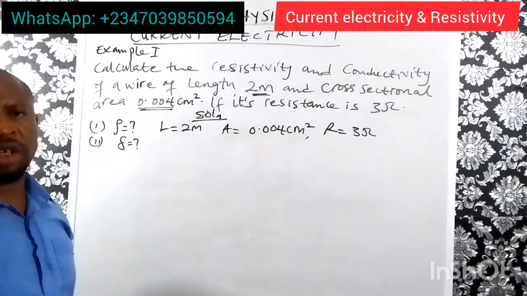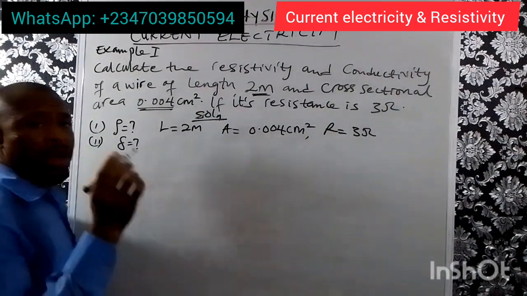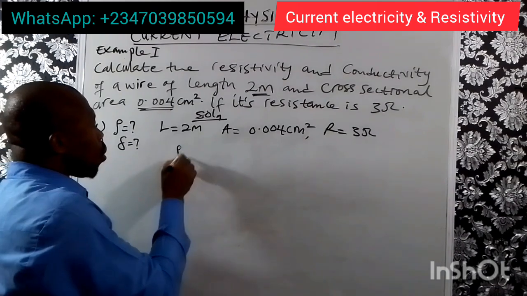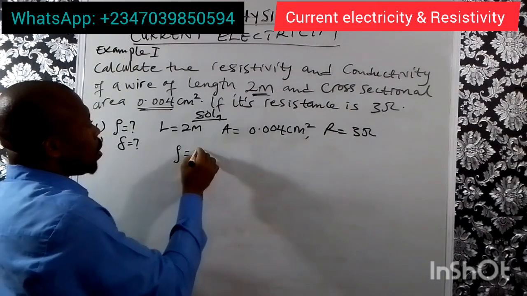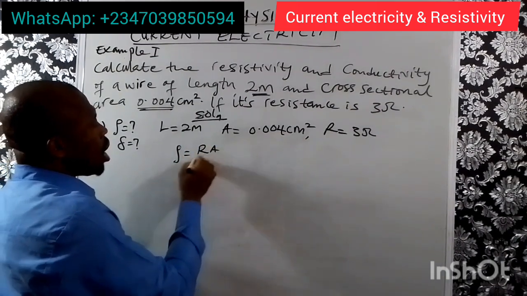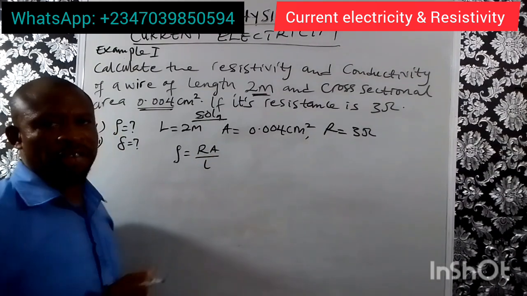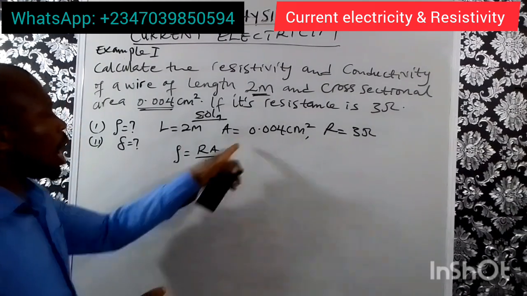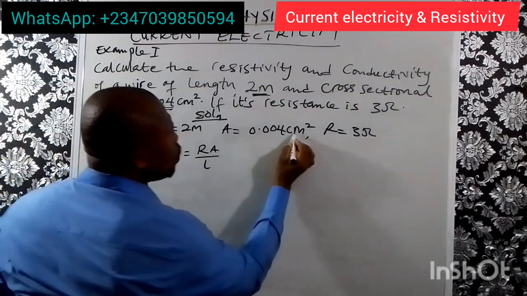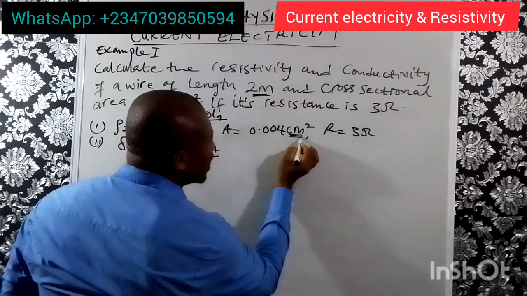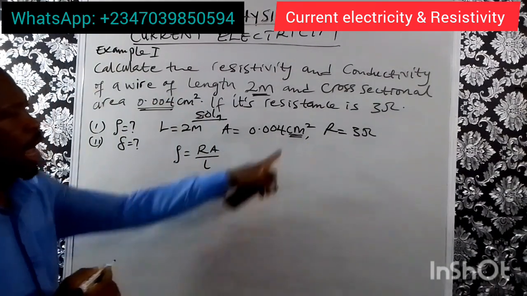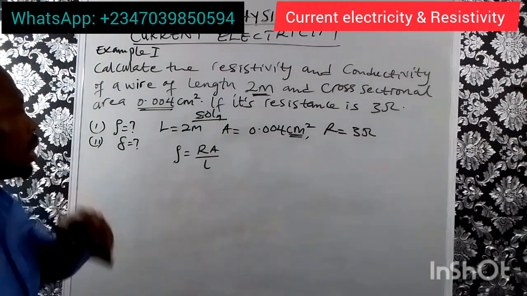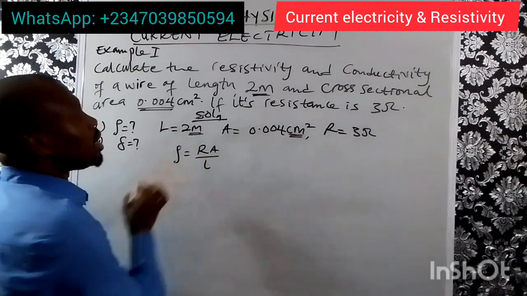If we quote the formula given to us, we know that rho is equal to RA all over L. Now we have this area given to us. If you take a closer look at this, area is measured in cm squared, length is measured in meters.